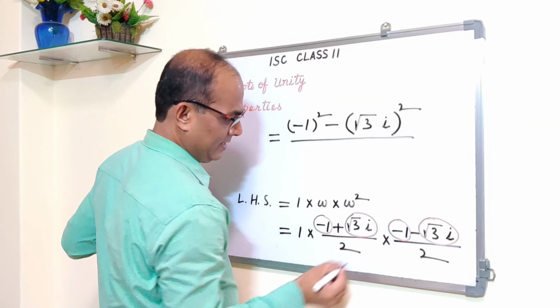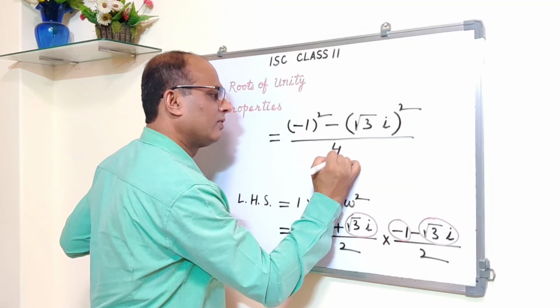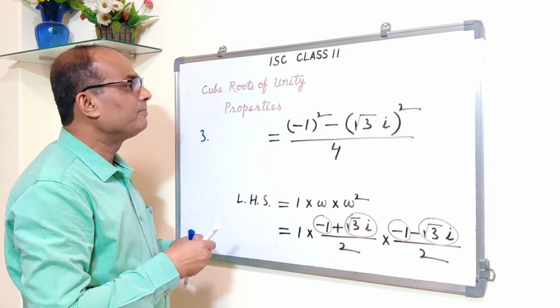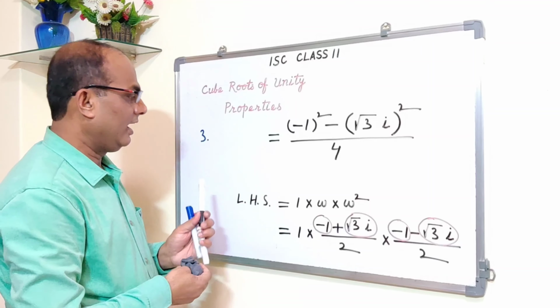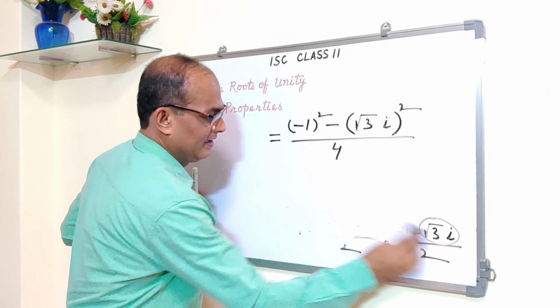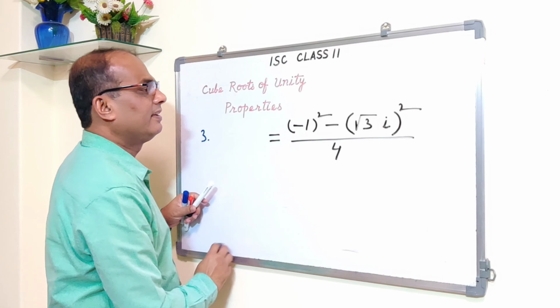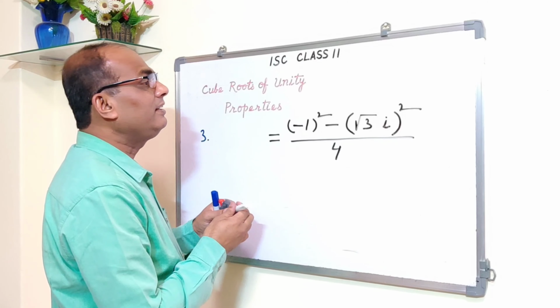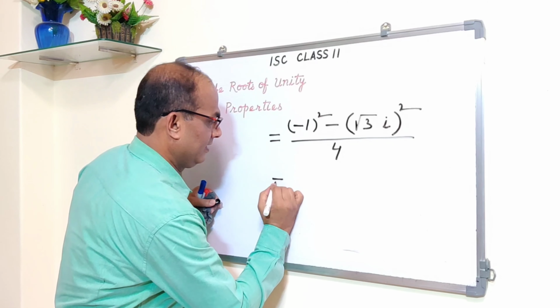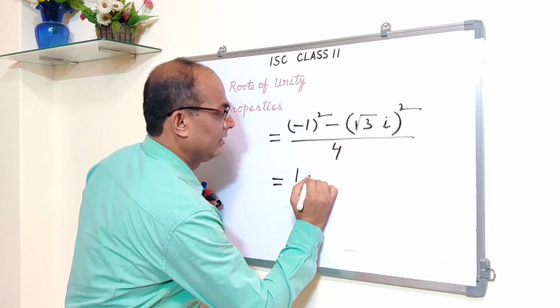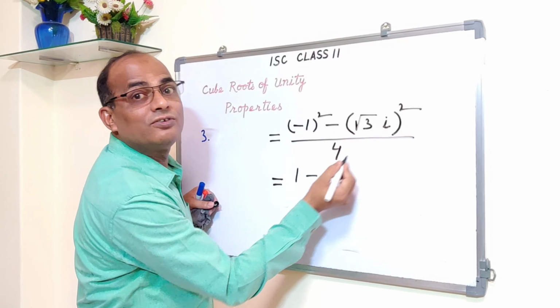And whole divided by 2 into 2 is 4. Is that fine? Okay, now after this, minus 1 square is 1. Alright, this is 1, and minus this will be 3i square.